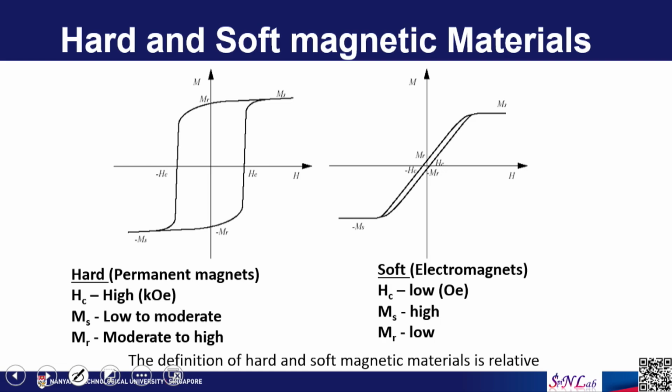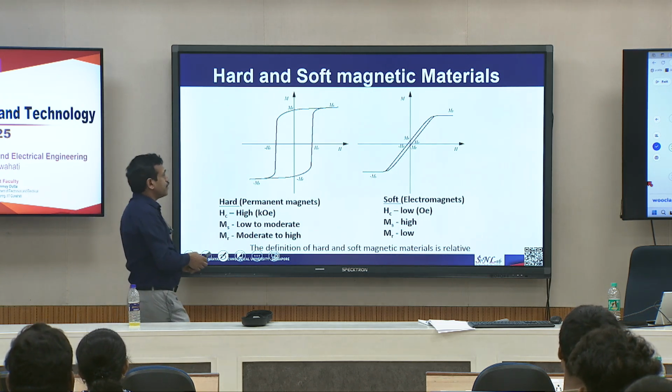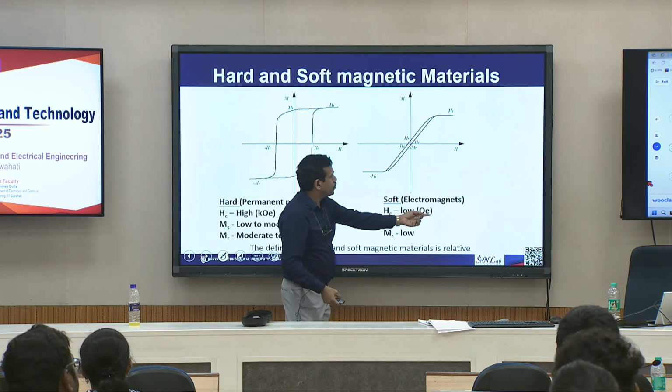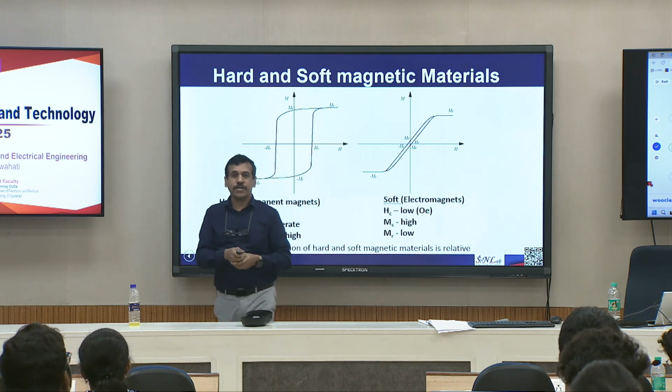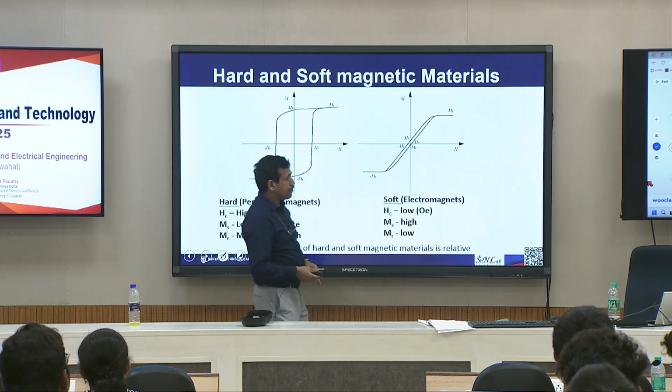The second and the most important property is the field required to demagnetize, or the field required to change the polarity from north to south. For example, if I have a paper clip, initially this is north, this is south. Now, I want to apply some magnetic field and change this to south and this to north. The field I require to change the polarity will be very small. Typically very few oersted is enough to change the polarity of a paper clip, because a paper clip is made of a soft magnetic material.